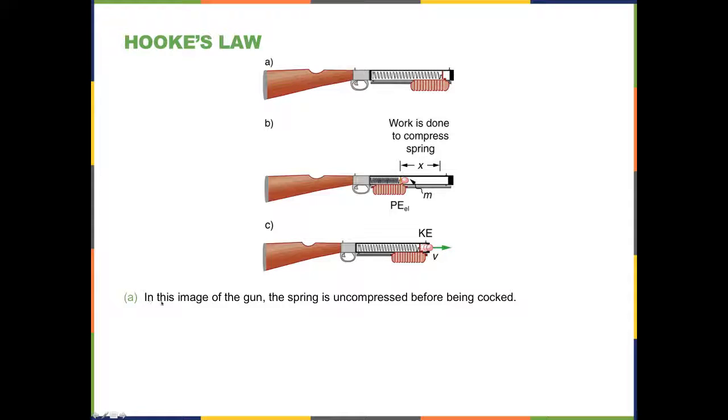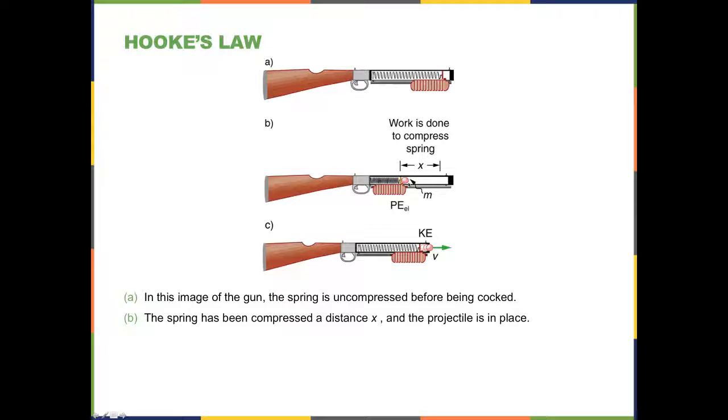So here's another problem we're going to take a look at. Here you have a gun. At this point, it's not compressed, so it's in the equilibrium position right here in part A. You cock the gun, and now it's compressed and deformed to distance x.